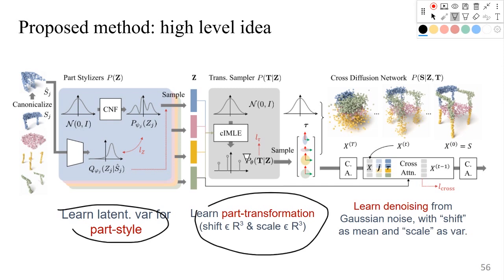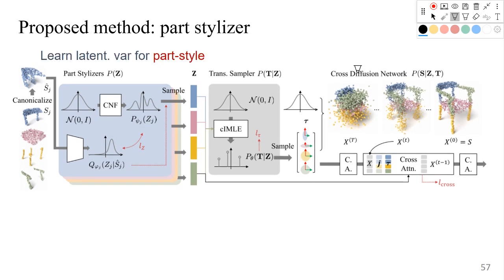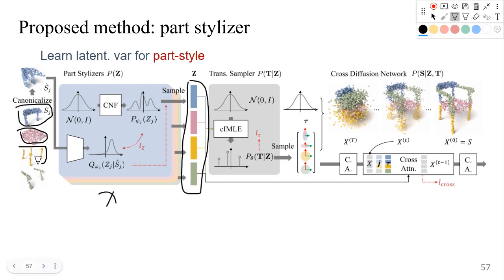Let's start to discuss every detail in every block here. The first is the part stylizer, the first block: how we can obtain this latent variable that can control the style of this part. First, we have the original shape here, and we decompose it into independent parts, because in the dataset we have the part labels.